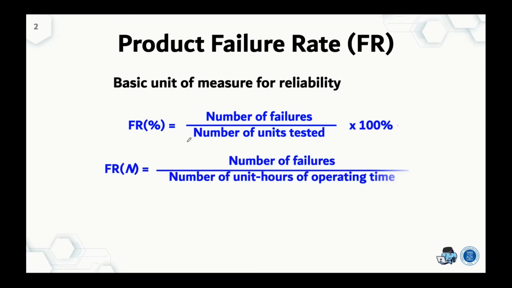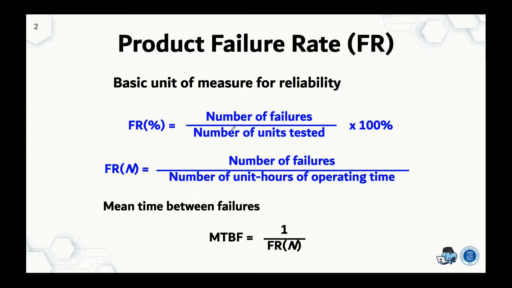And failure rate in number is number of failures divided by unit hours operating time. So this is the unit hour operating time. And we also introduce here the terminology of mean time between failure, which is 1 divided by failure rate in number.